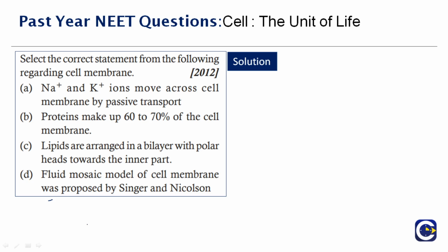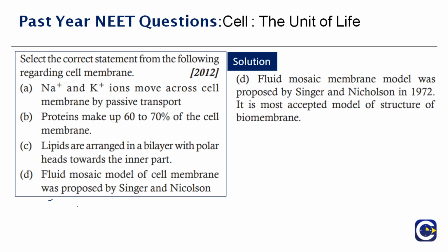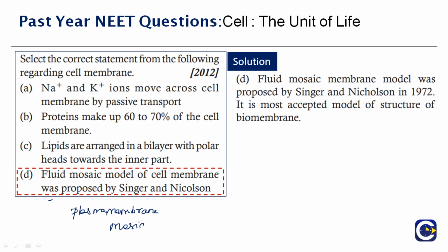Okay, so now tell me, what is this fluid mosaic model? It describes the structure of the plasma membrane, right? And here if you see, the components are actually expressed in the mosaic model.